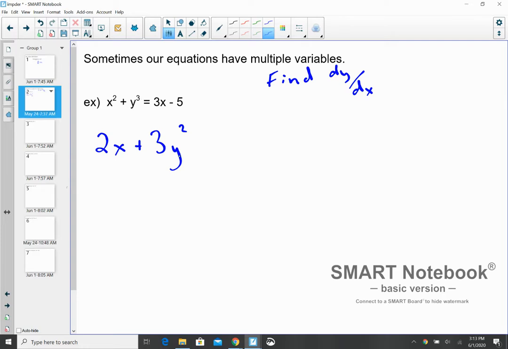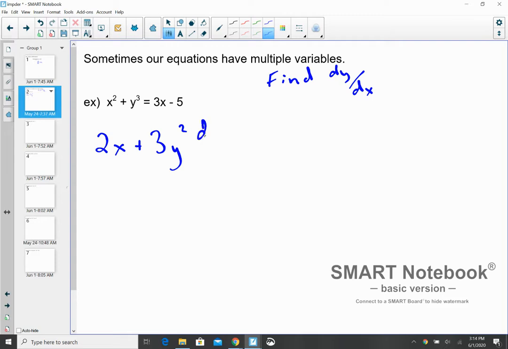However, the y is not the variable for which I am taking the derivative with respect to. In other words, I'm trying to take it with respect to x.